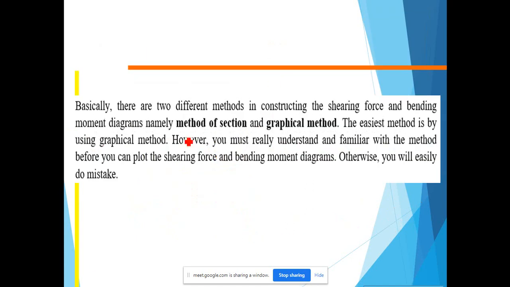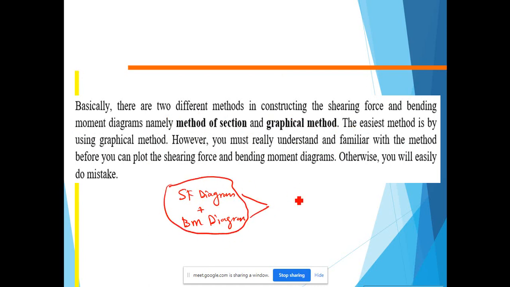As I explained before, there are two methods in constructing the shear force diagram and bending moment diagram. The first one is the method of section, and the second one is the graphical method.